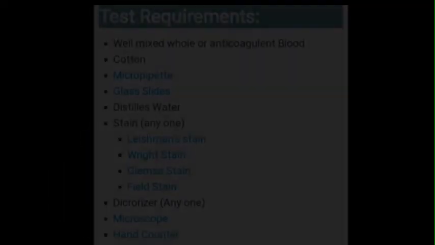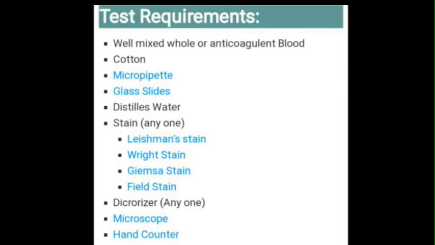The materials required are cotton, micropipettes, glass slide, distilled water and stains, and a decolorizer, that is distilled water. There are 4 common stains used for staining the slide, as I told you: Leishman stain, Wright stain, Giemsa stain, field stain.